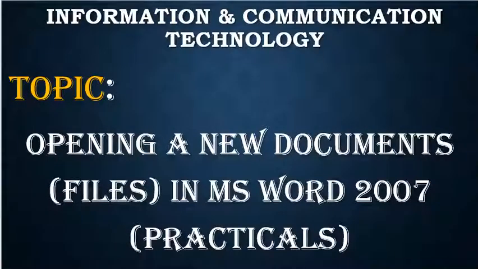For today's lesson, we are going to look at how to open new document files in MS Word 2007. Last 2 weeks, we were able to go through the steps on how to open a document file on the computer.